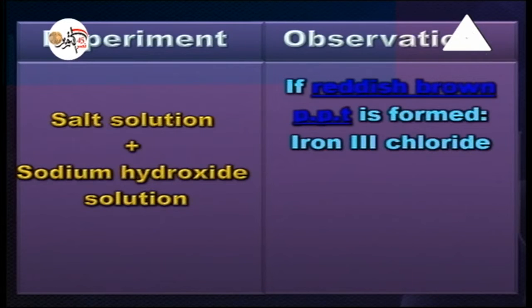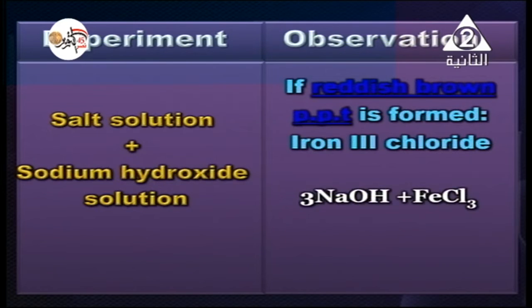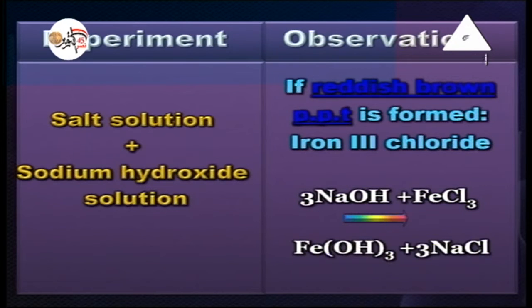But if we put the salt solution, iron 2 or iron 3, plus sodium hydroxide solution, and it gives a reddish-brown precipitate, the salt is iron 3 chloride. As the equation proceeds on the screen, sodium hydroxide plus iron 3 chloride gives a reddish-brown precipitate and sodium chloride, as the following animation shows.